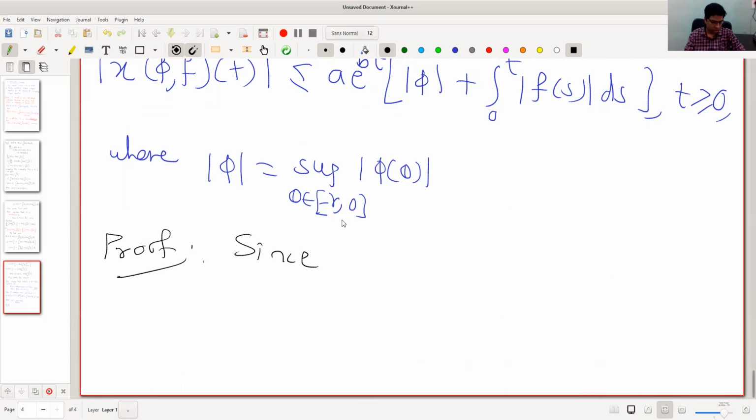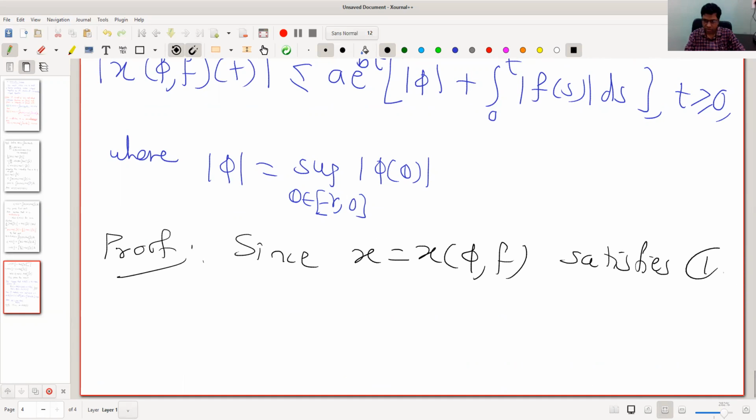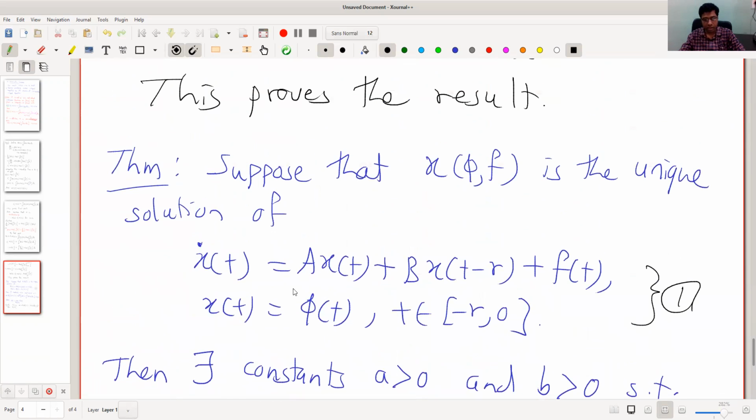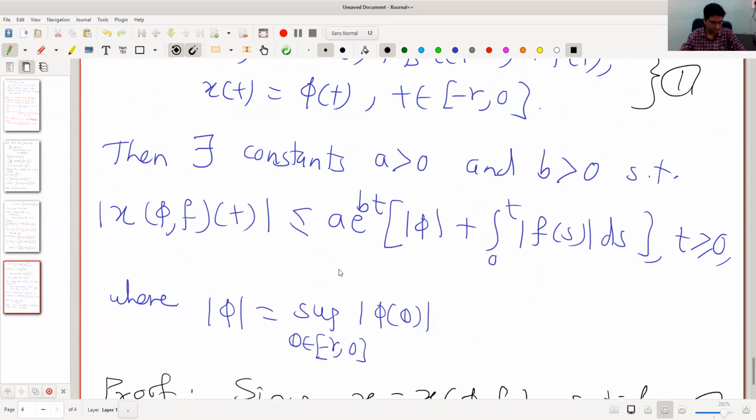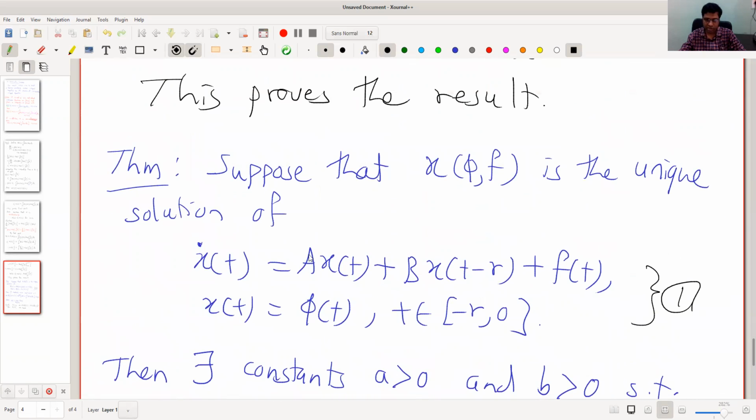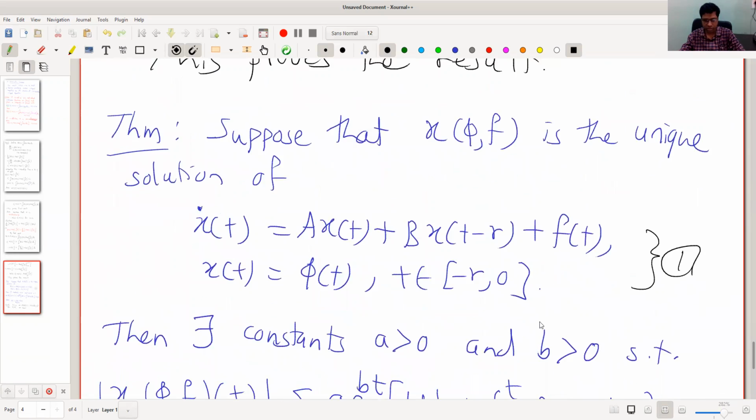Since x, that is x of phi f, satisfies 1 for t greater equal 0, what we do here, we integrate this equation from 0 to t. So the left hand side is x of t minus x of 0, and x of 0 is phi of 0. And what about the right hand side? It is simply integration of this.